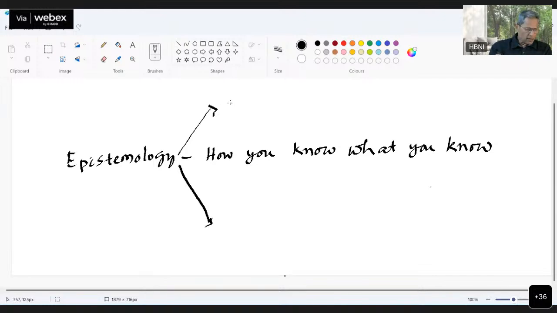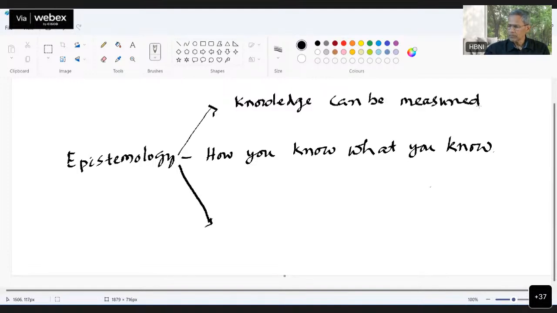One school of thought is that knowledge can be measured by a reliable tool.